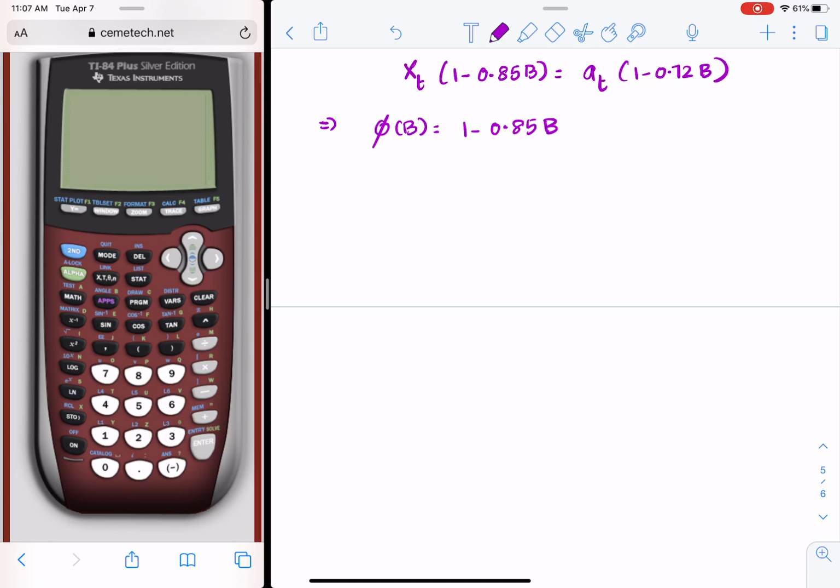The characteristic polynomial for the theta part, or the MA part, is 1 minus 0.72b. We could also write this as phi of s equals 1 minus 0.85s, and theta of s is equal to 1 minus 0.72s.